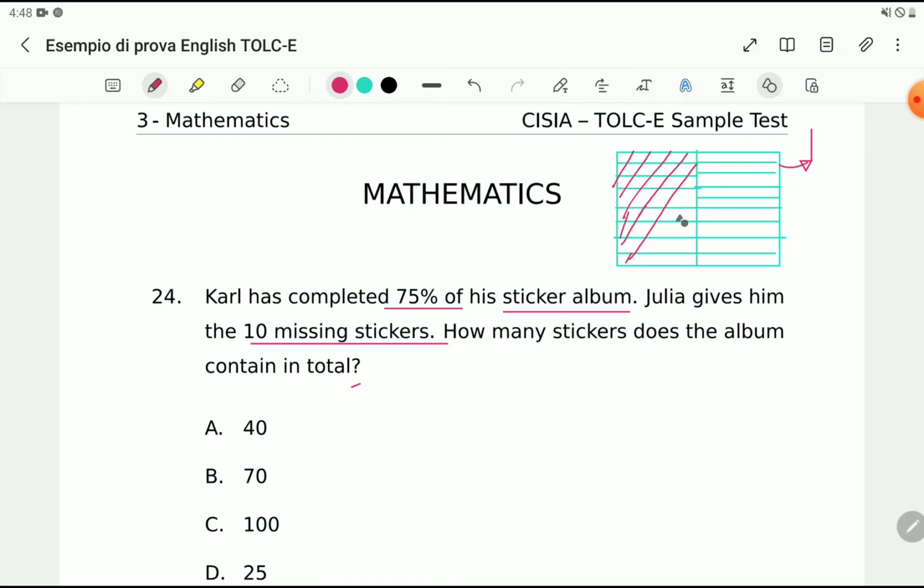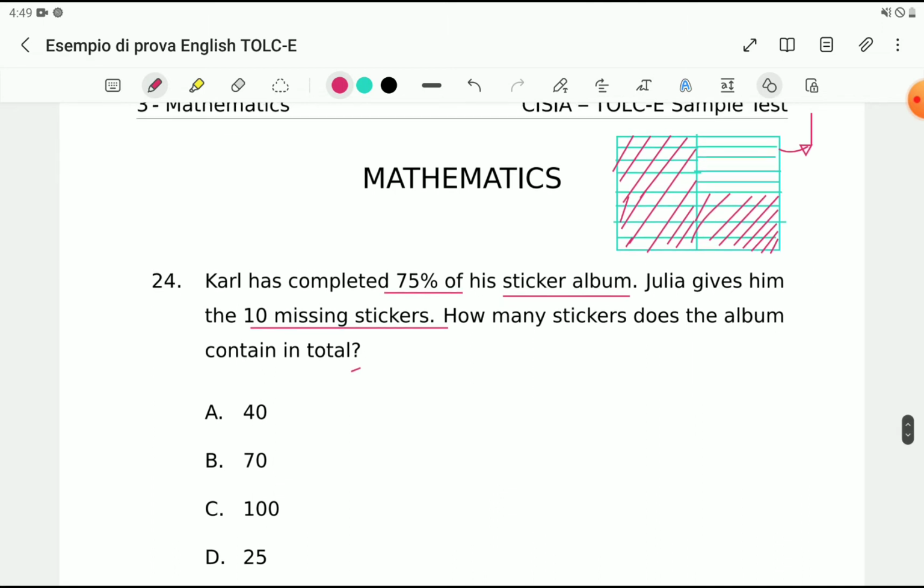That means these 2 boxes are 50%, and another box makes 75%. So each box represents 25%. How many stickers does the album contain in total? We have to find out how many stickers it contains.